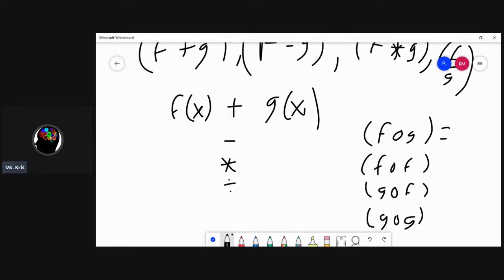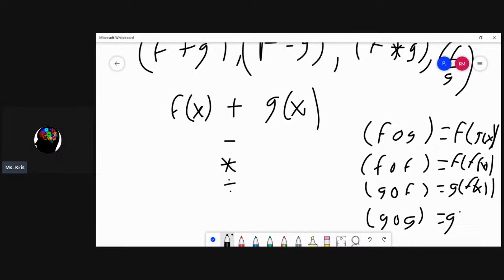This normally happens when you are finding the function as it relates to g, or the function as it relates to itself, or the function of g as it relates to f, or the function of g as it relates to itself.